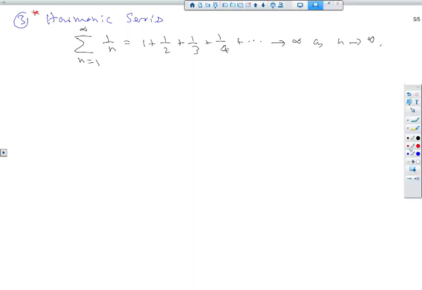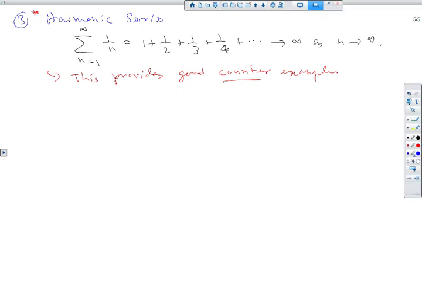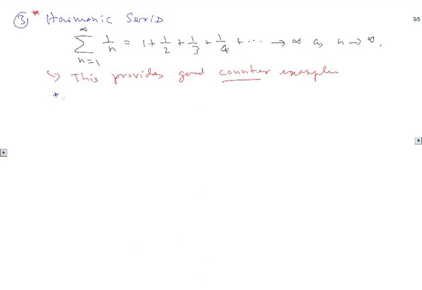Good. So one important thing is that this provides good counterexamples. This is one very good one. For example, if you say a_n equals 1 over n, this goes to 0, but the corresponding series, sigma 1 over n, diverges.